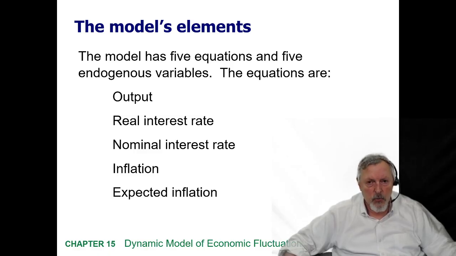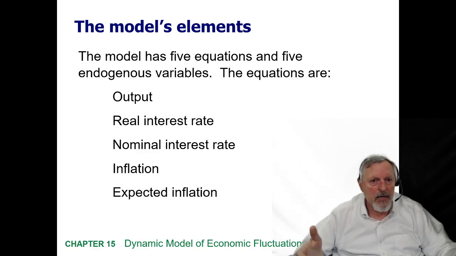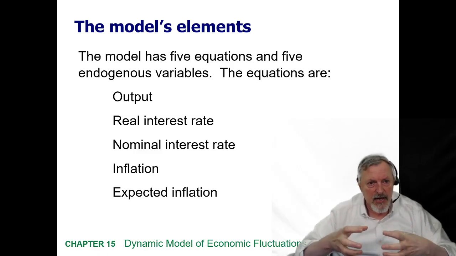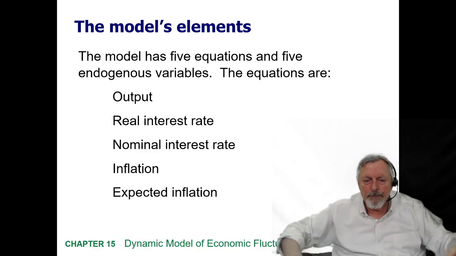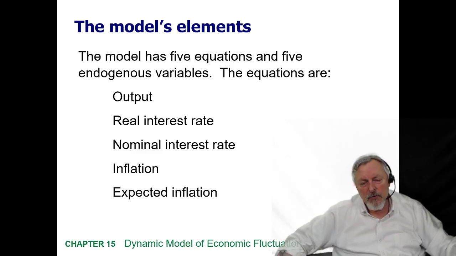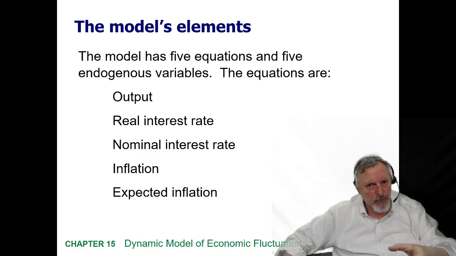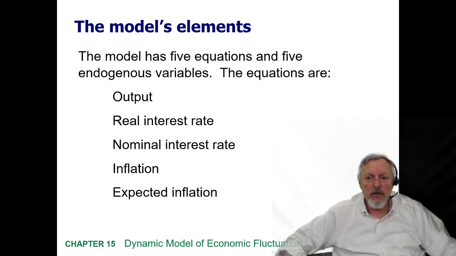It's called structural equation modeling because you think of the structure of the economy and you model each part of that structure separately. Then after you model each part of the economy separately, you can combine those equations into one master equation.